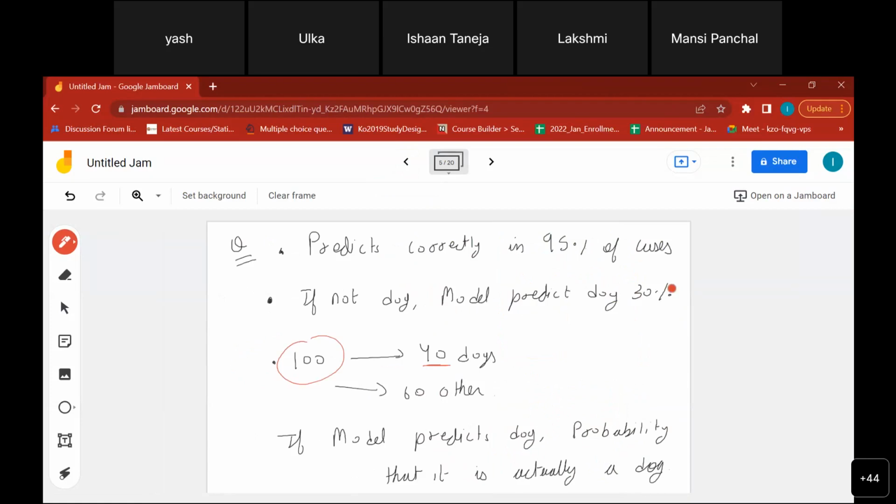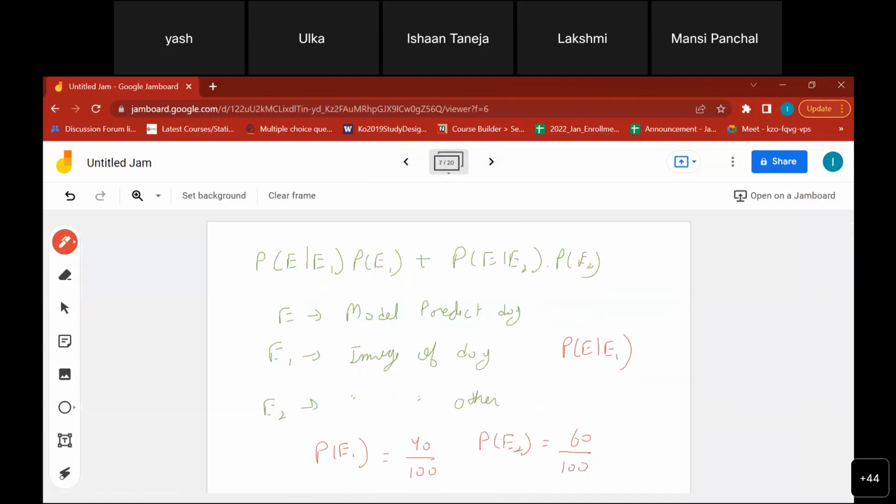No, 0.95. 95% of the times the model predicts correctly, right? So it is 0.95, right? What is the probability of E given E2? Firstly, what is E given E2? Given that the image is not of a dog, the model still predicts it to be a dog. It is 0.3, right?